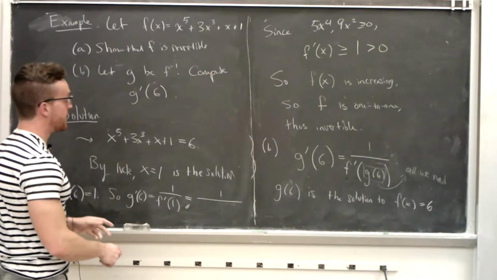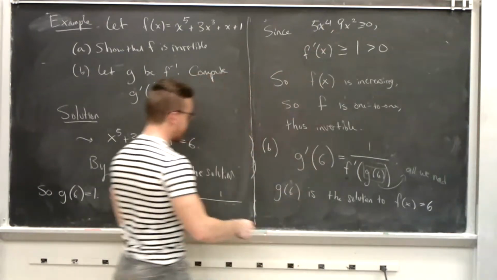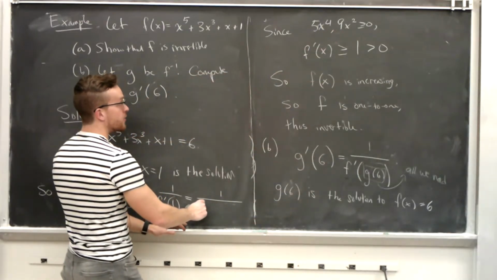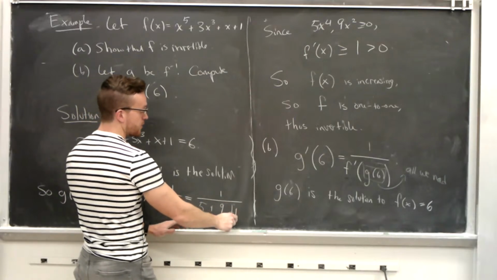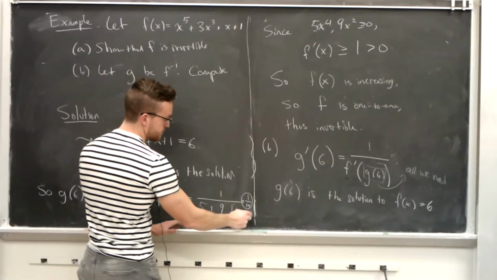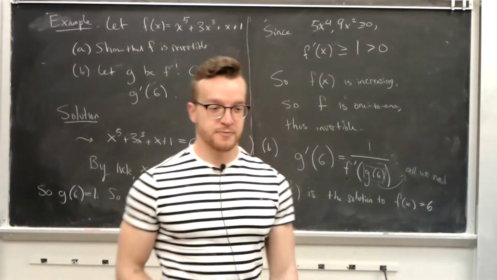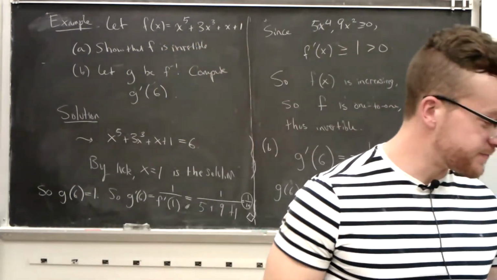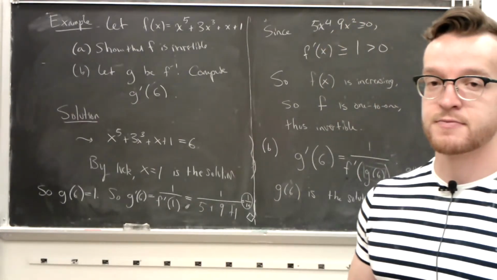But I think it was 5x to the 4th plus 9x squared plus 1. So this would be 1 over 5 plus 9 plus 1, which is 1/15. That would do it. So if you can do this kind of thing for inverse problems, I think you're in good shape.